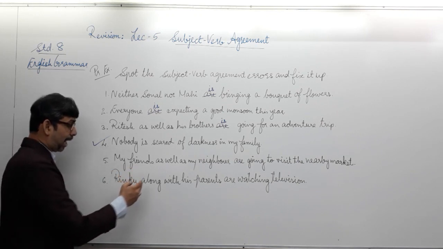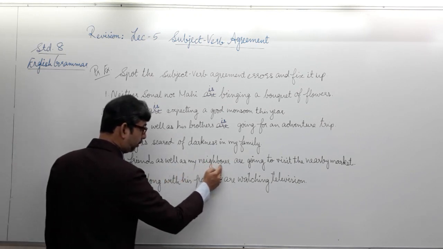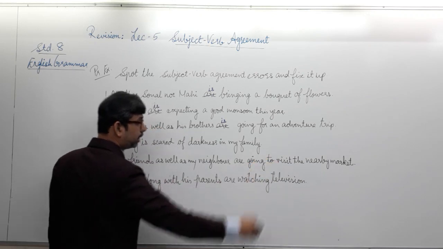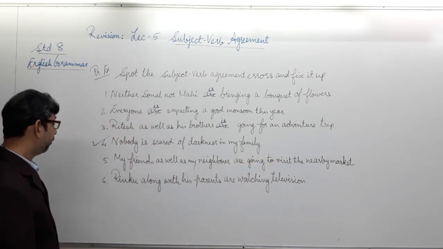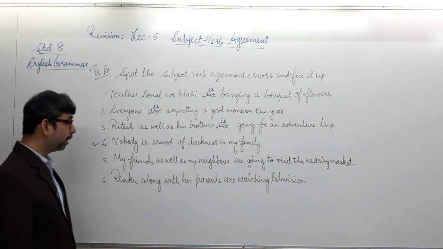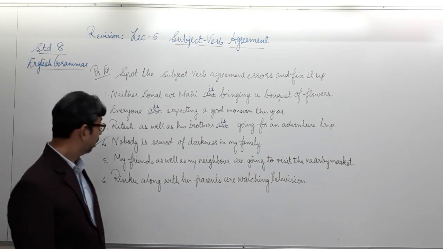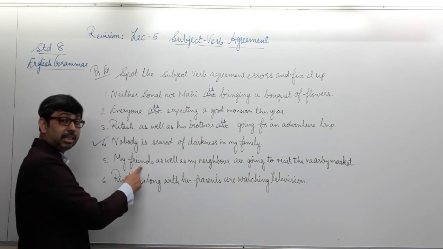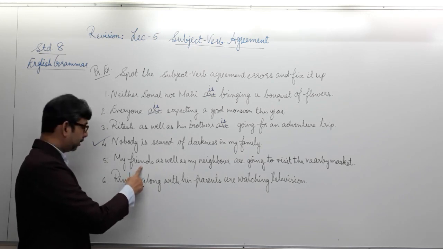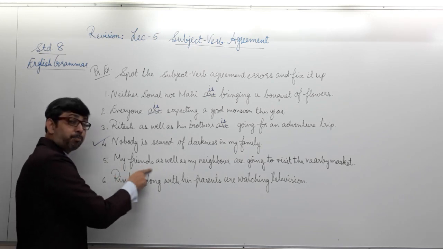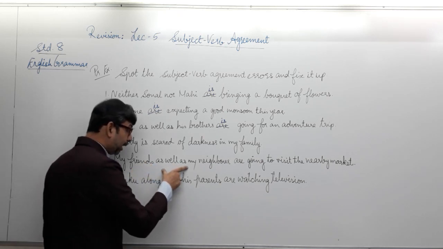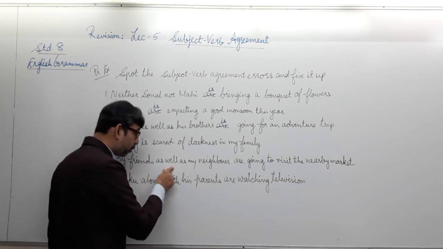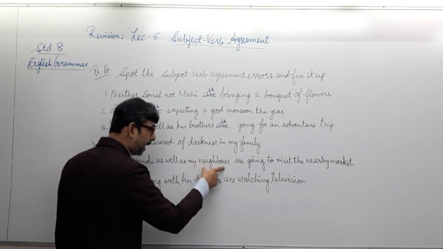My friends as well as my neighbor are going to visit the nearby market. So is it correct? Yes, it is correct. We have the first noun, friends, which is plural, joined by the phrase "as well as" with the next noun, neighbor.